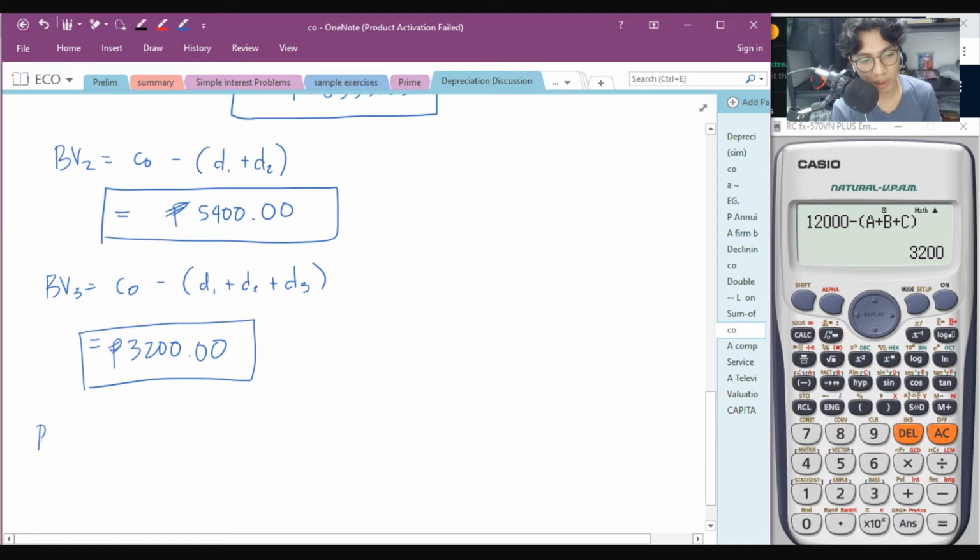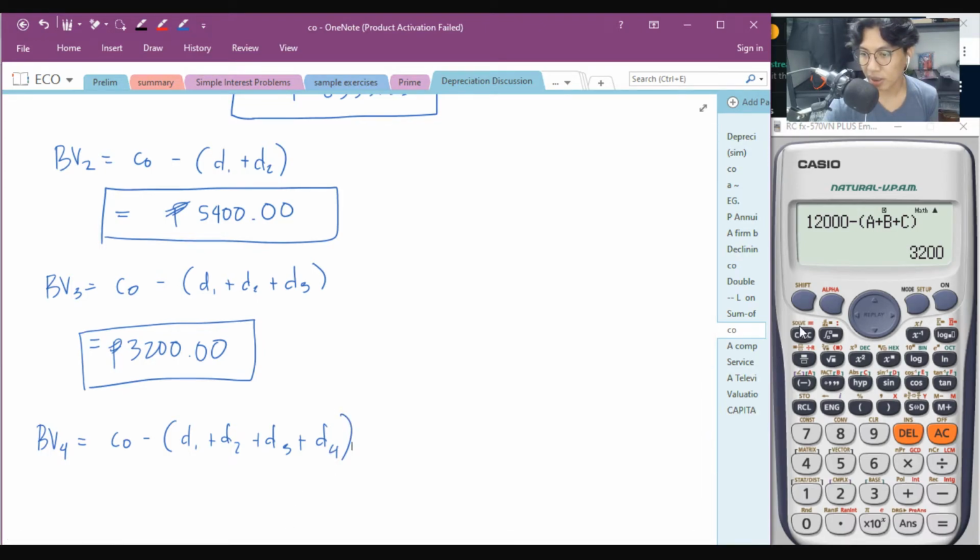Then, BV4 is CO minus D1 plus D2 plus D3 plus D4. It's just a repeated calculation. A, B, C, D plus alpha D. Calculate. Okay.